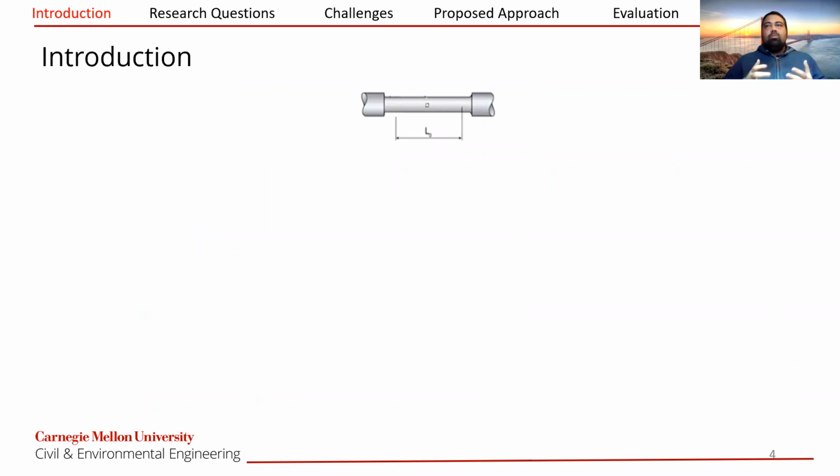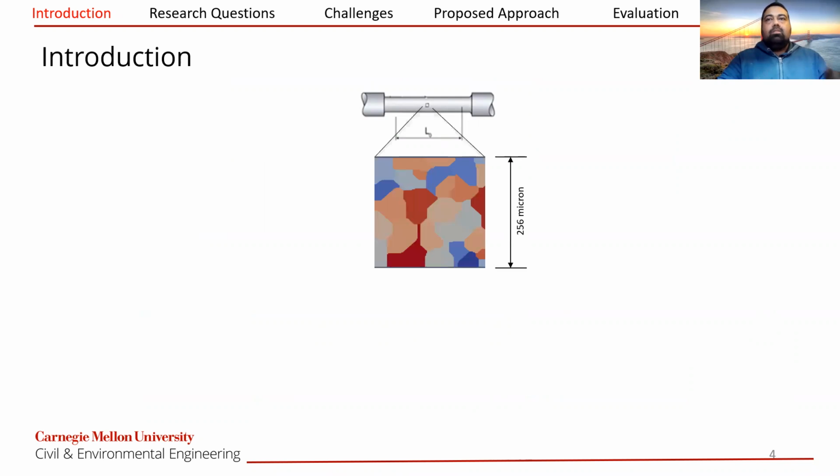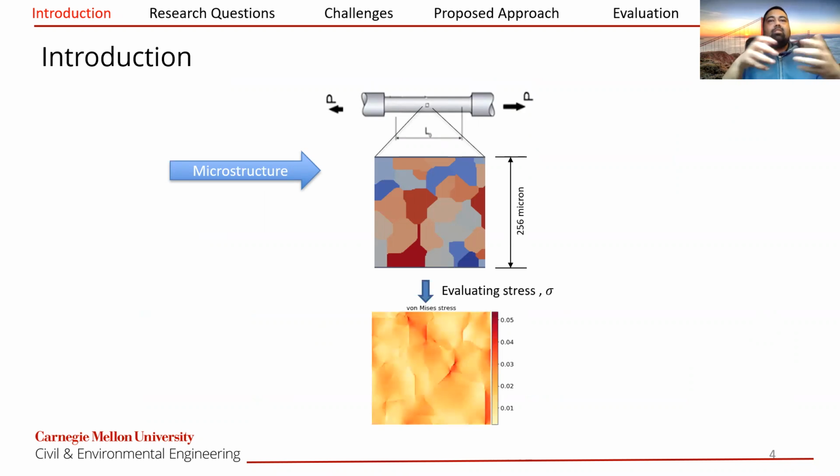For those who don't know what microstructure is, I will start with the basics. If we take any material and observe it at a micro scale, we see a non-homogeneous structure inside it, and we call this complete thing a microstructure. When we apply an external load, we see that non-uniform stresses develop inside it.